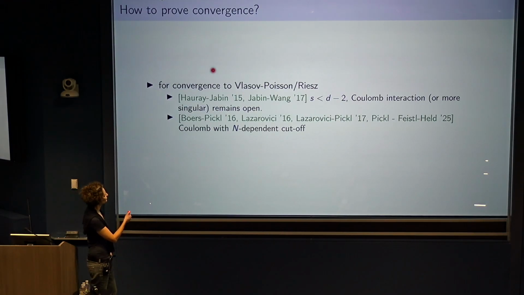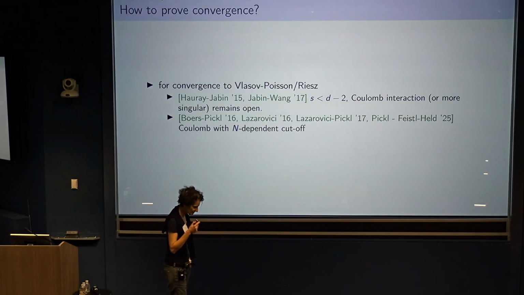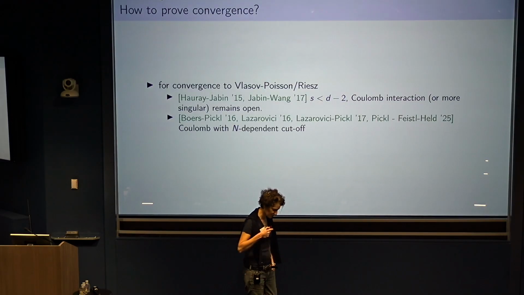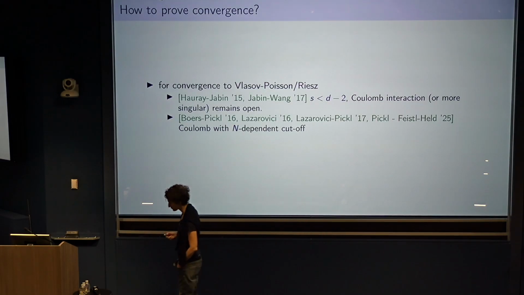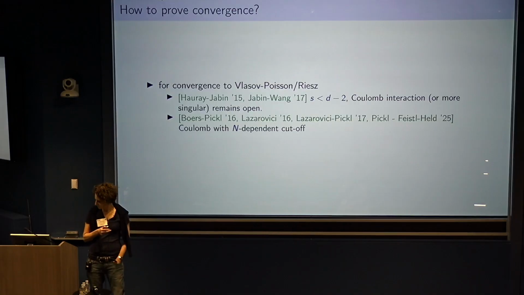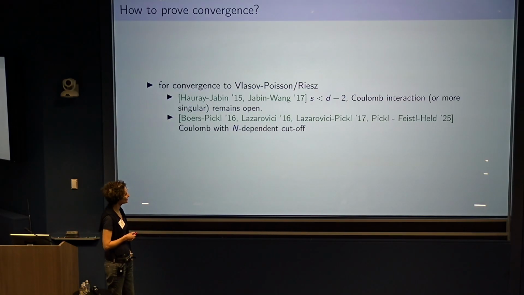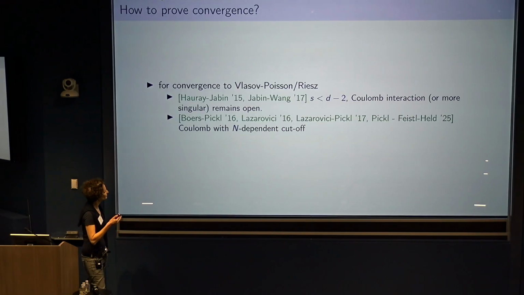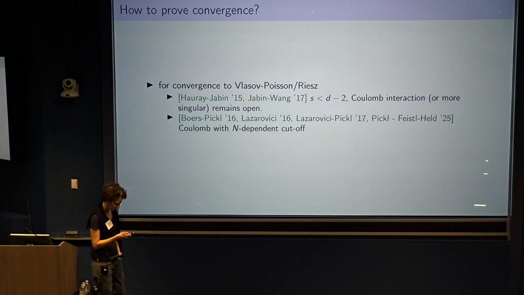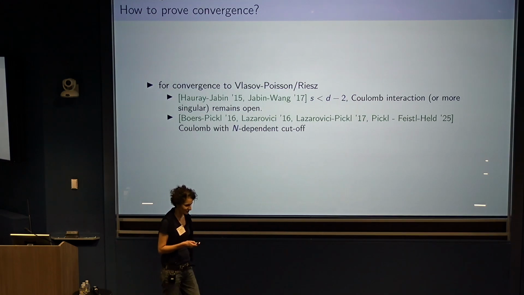They're able to prove it using something of the flavor of the Wasserstein metric approach. But Coulomb, which is really the situation for plasma physics, remains open, and it's an important scientific problem, I would say. People have treated the case where you have Coulomb, but with an n-dependent cutoff. Right? So you cut off your interaction at a certain scale that depends on n.